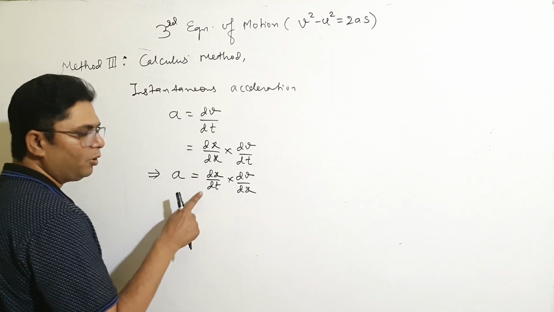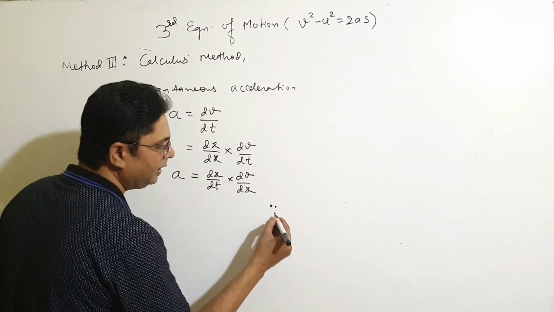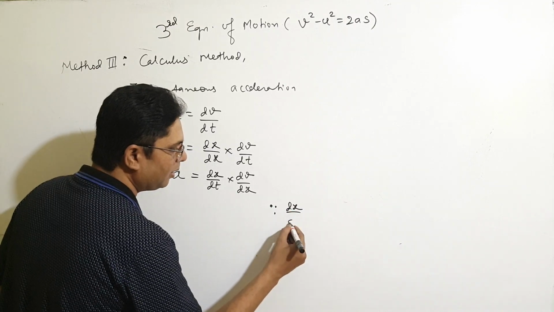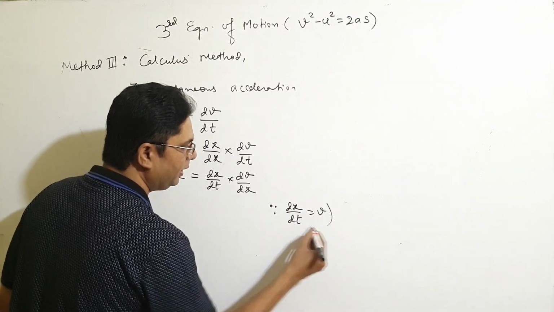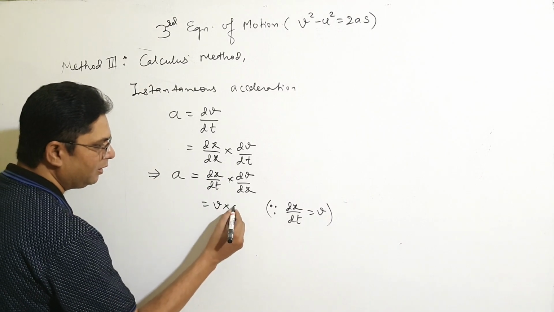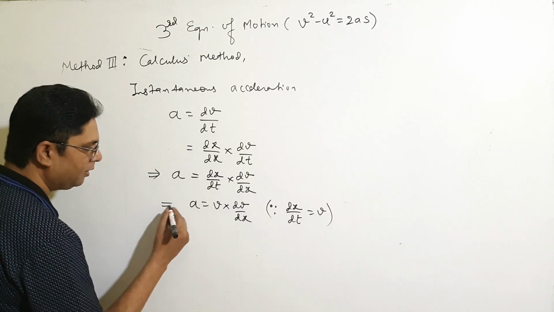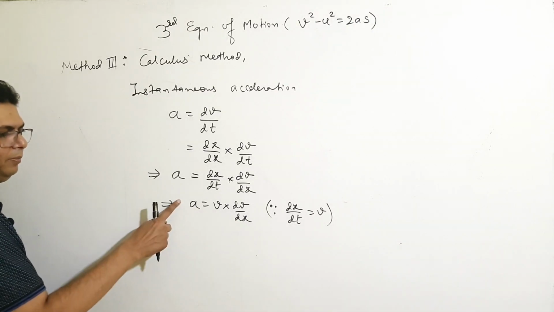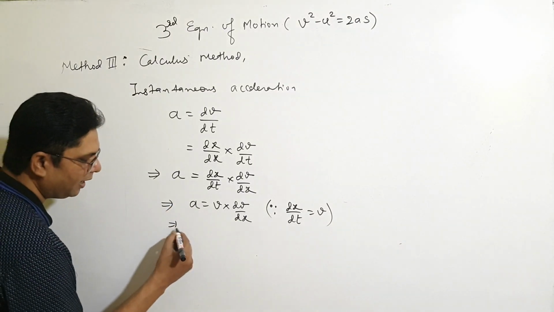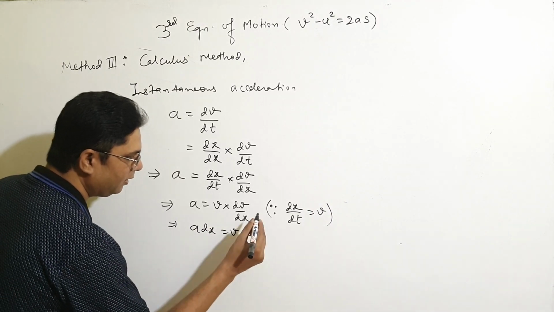So dx upon dt is instantaneous velocity v. You know that dx upon dt is equals to v. So at this place write v dv upon dx is a. Cross multiply dx. So you have a dx is equals to v dv.